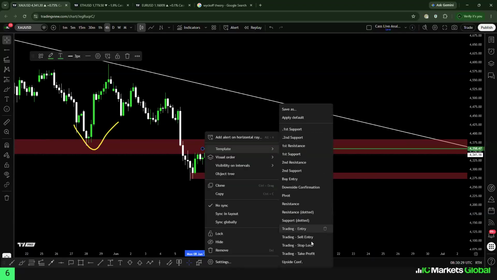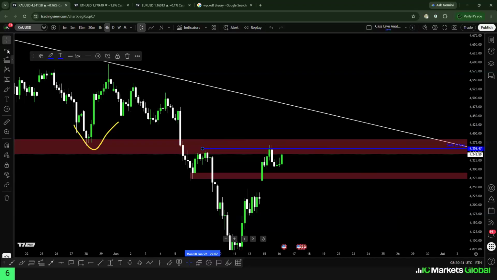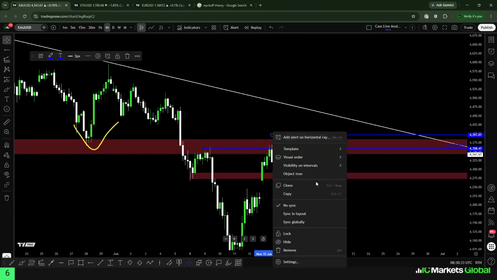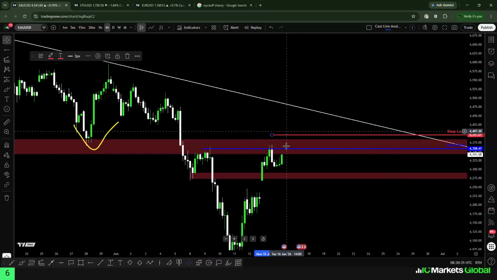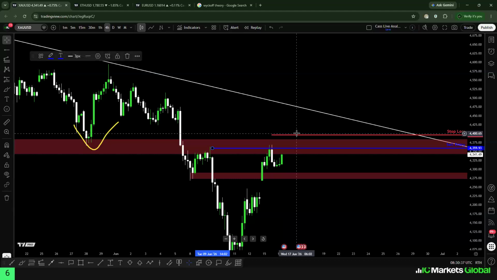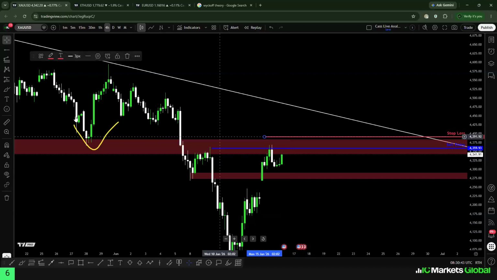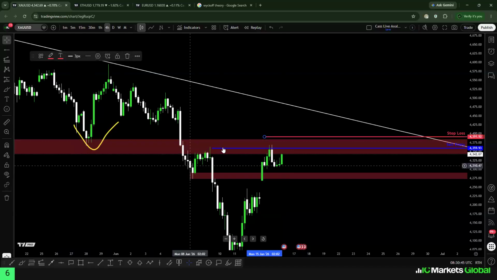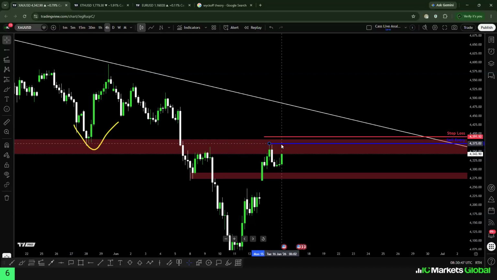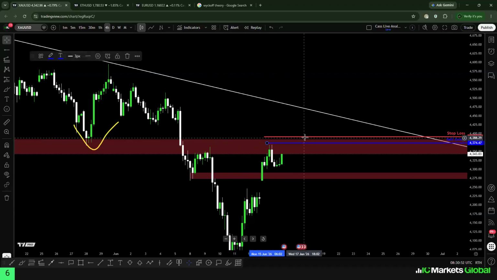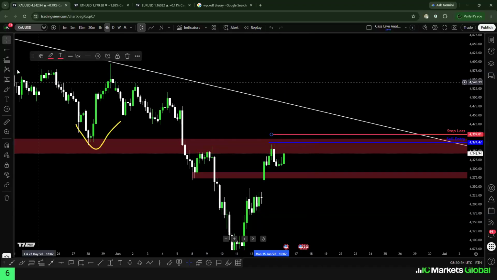I'm calling for a sell. Stop loss being right above here. Okay, hold on, guys. If I'm going to get into a risky trade, it has to be a very good risk reward. Otherwise, I'm taking the risk for nothing.